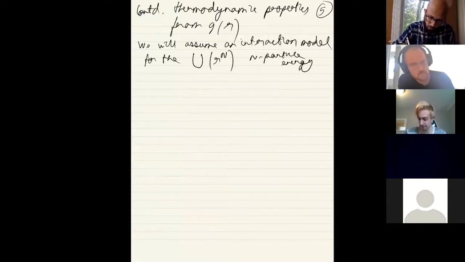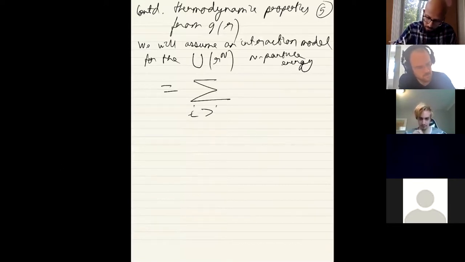So we are going to assume a model where this is given by looking at pairs of atoms i and j. And we are talking about pairs, so i cannot be the same as j. It has to be different. And a small u that accounts for the distance between these two particles.